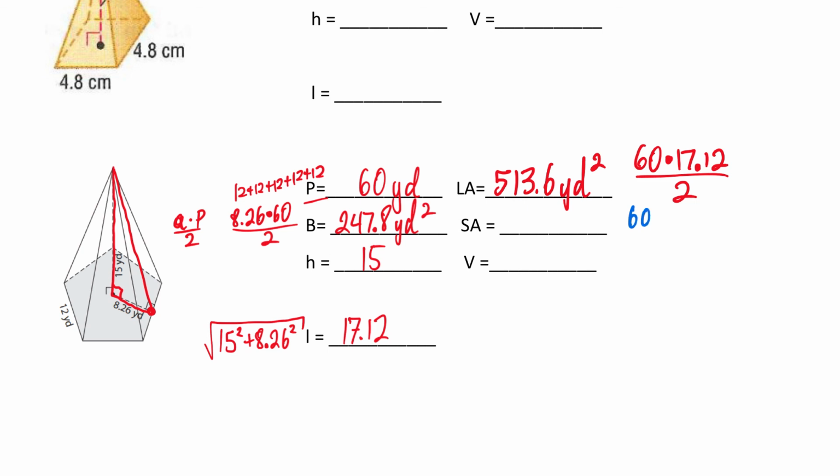All right, for total, it's P times L divided by 2 plus B, which is what?